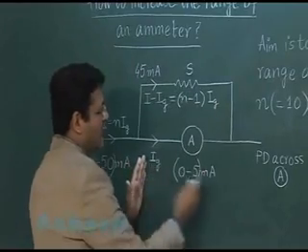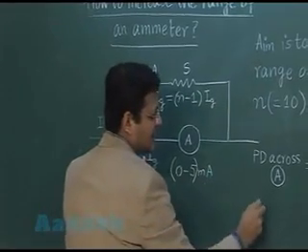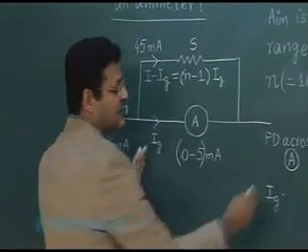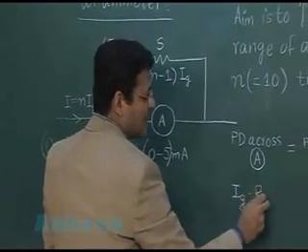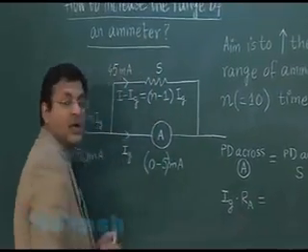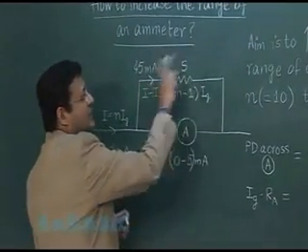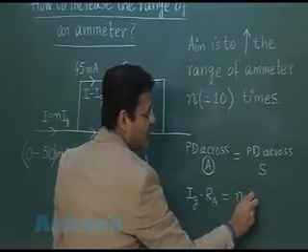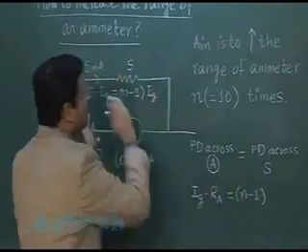What is the potential drop here? This is the current multiplied by the resistance. Resistance of ammeter is RA, let us suppose. And what is the potential drop here? Potential drop here is I. What is the current flowing there? यहाँ पे क्या current flow कर रहा है?